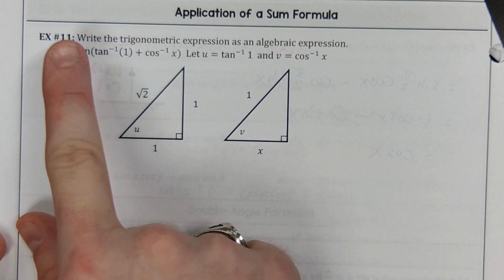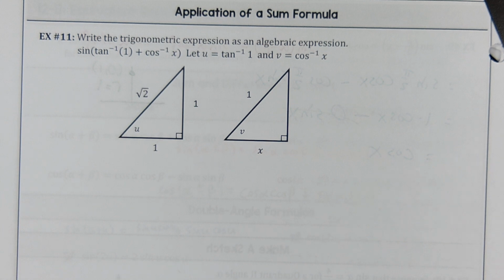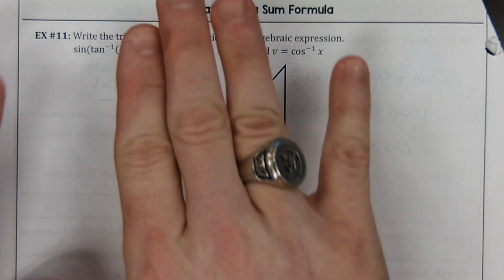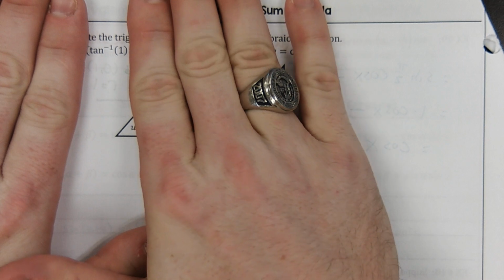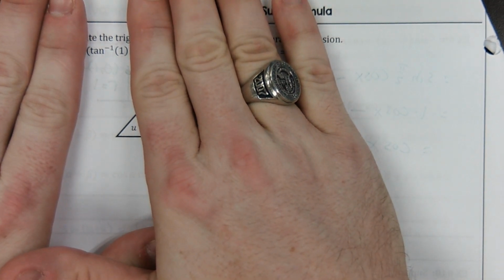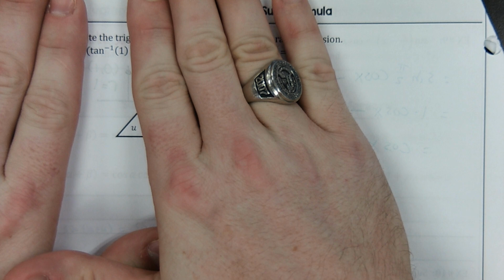Here we're saying sine of the sum of two inverse trigs. And this makes sense because the result of all inverse trig is an angle, right? Tangent inverse of 1 says there is a triangle, there is an angle, either in quadrant 1 or quadrant 4, where y over x equals 1.